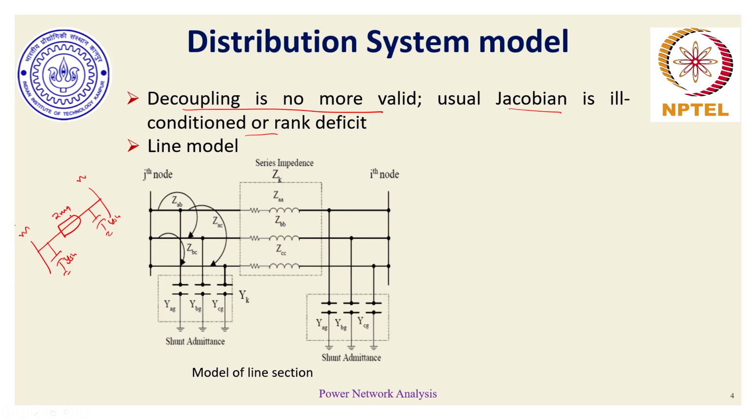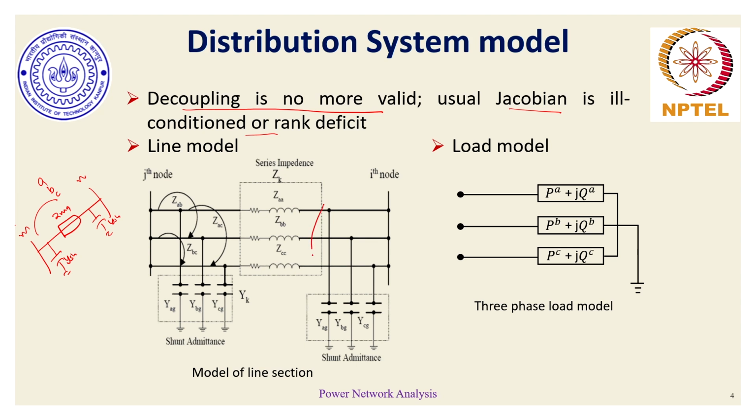This was a single phase equivalent representation. Since in distribution network, the line itself need not have all three phases A, B and C, it becomes furthermore important to represent each phase of the line present in the distribution network. That is point number one, and that's where you would find ZAA, ZBB, ZCC, the series line impedances. And the lines also have mutual coupling.